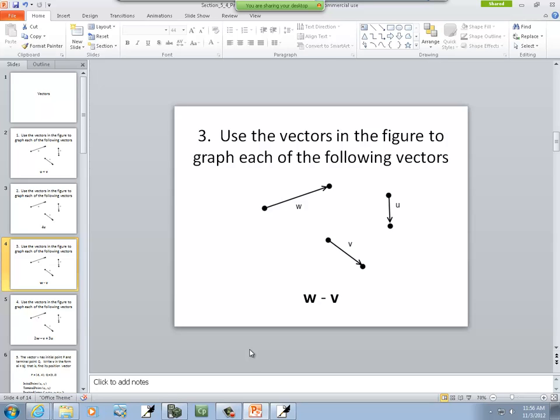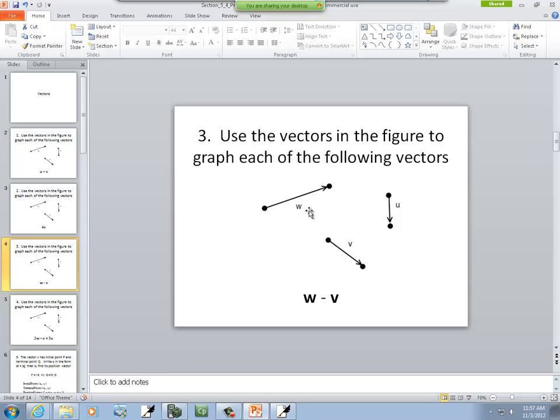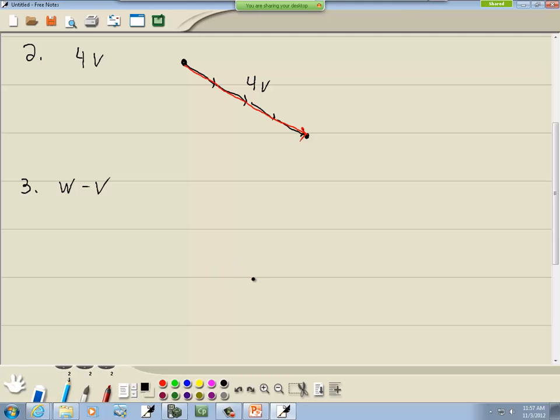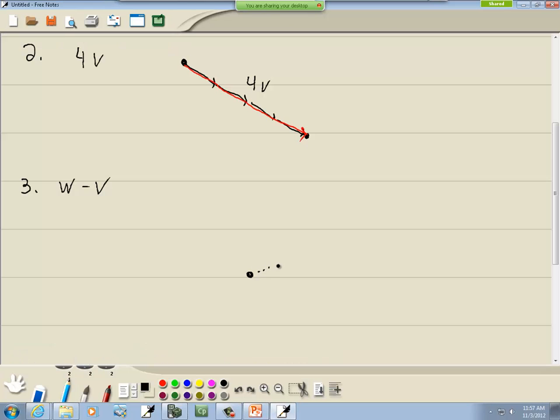Okay, number 3. W minus V. Well, W is this distance, this direction. I'll start it down here. And so we're going to go out like that.